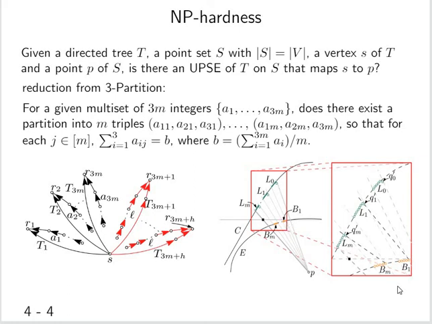The difficulty in the proof is to prove that if we want to embed a tree built this way to the point set built this way, such that S goes to P, if you can embed, then you can also embed it nicely. And nicely means that all the large branches of the tree go to the green parts one by one, and all the small branches go to the orange parts.